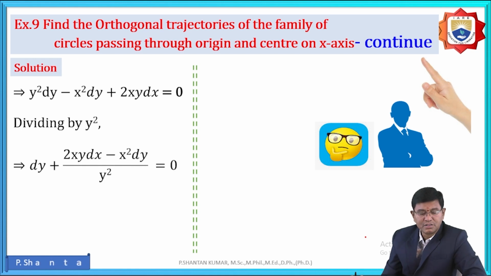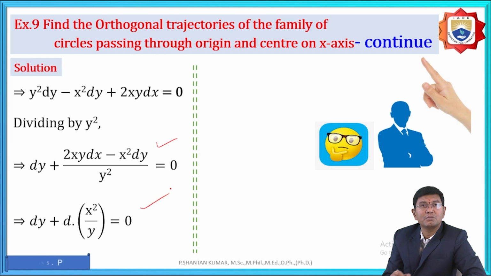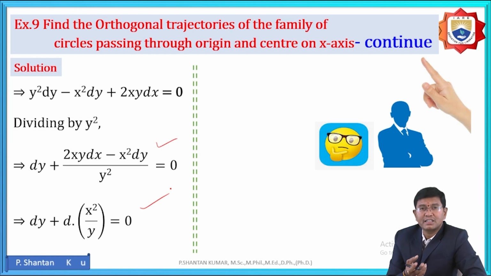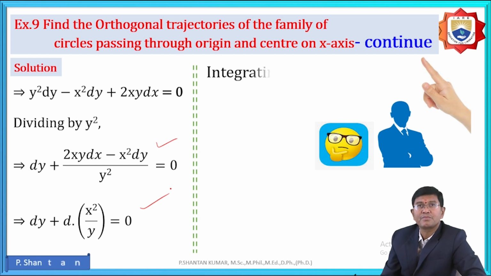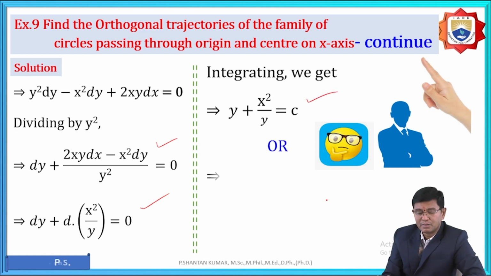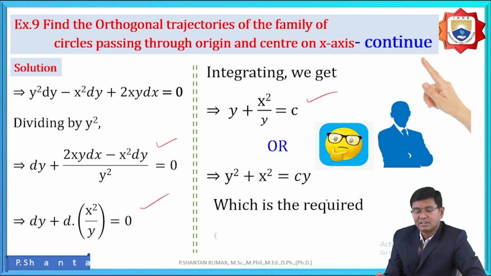Dividing with y square only. It is found by inspection, it is suitable. Or in other cases, if the function is not exact, it is suitable for homogeneous also. One by mx plus n is also a possibility. Yeah, it is the final solution, which is the required solution.